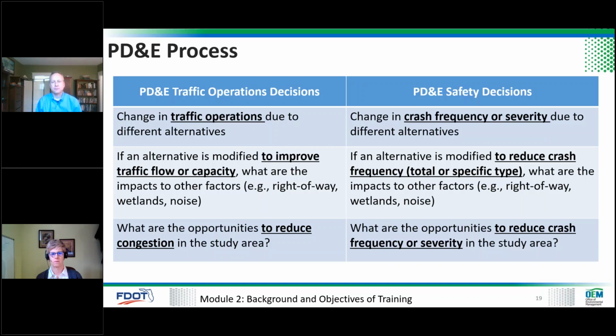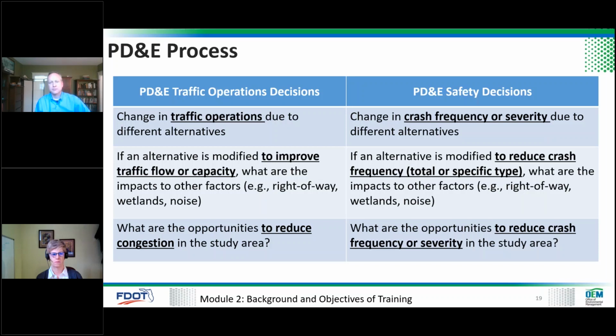And the next one down, if an alternative is modified to achieve a specific traffic flow goal, what are the impacts to the other factors? Other factors being right-of-way, wetland, noise, the typical things we're looking at in a PD&E study. But on the safety side, it's if an alternative is modified to reduce crash frequency, what are the impacts to the other factors?